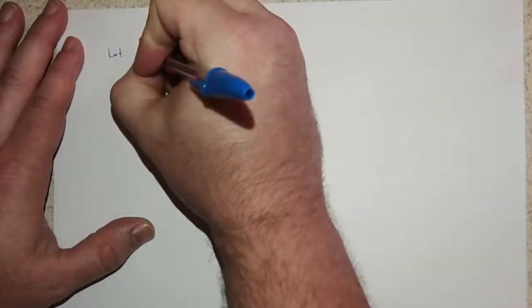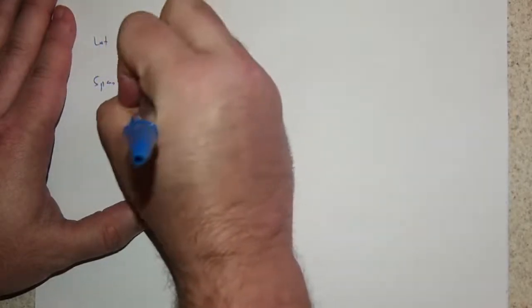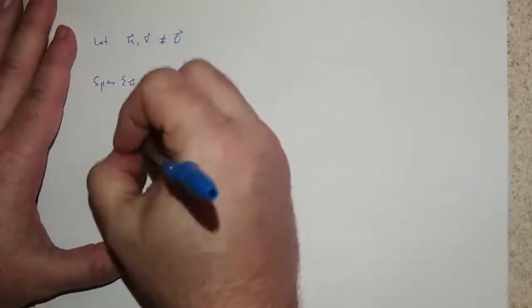So let's let u and v not be the 0 vector, so neither of them is the 0 vector. What does the span of u, v look like? There are options. Sometimes it looks like a whole plane.